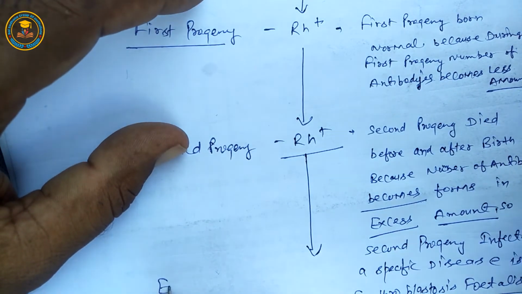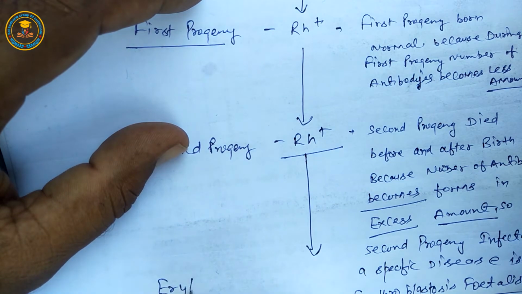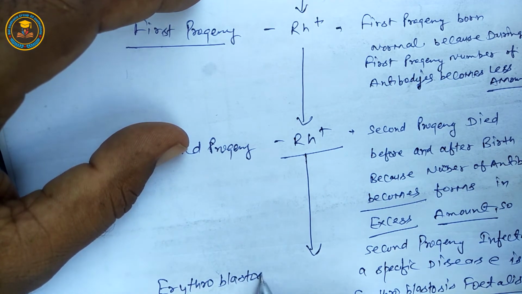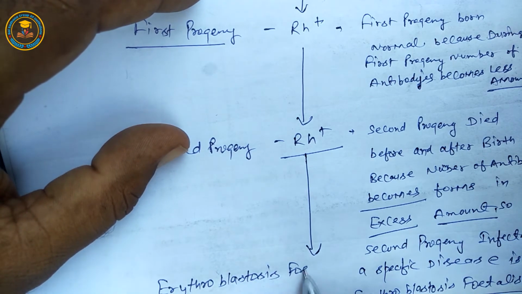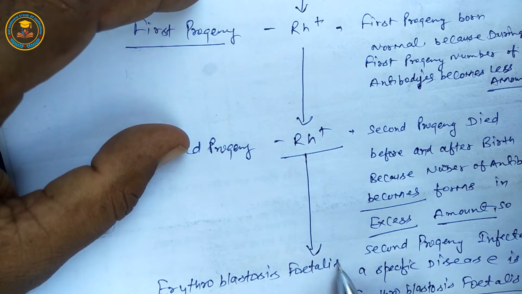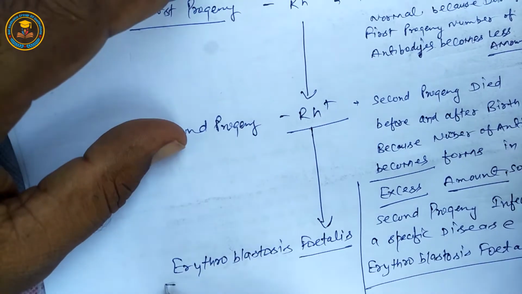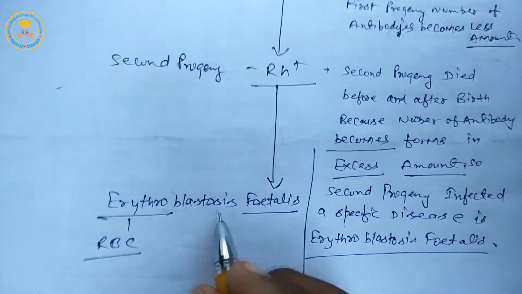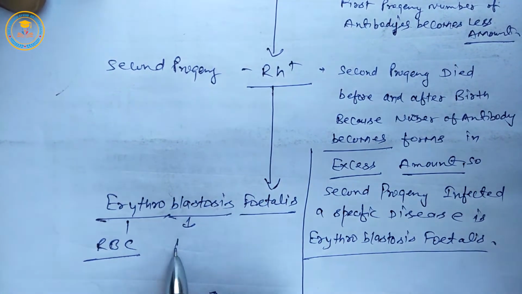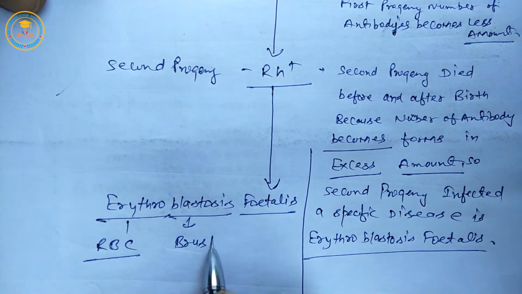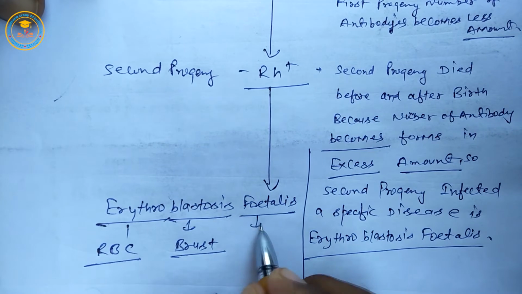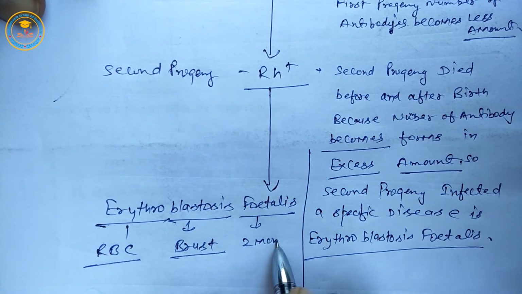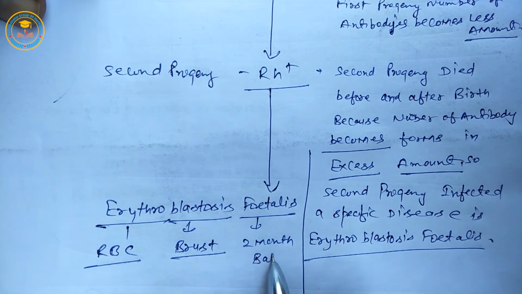Students, the second progeny is infected with erythroblastosis fetalis. It means RBCs burst or break.